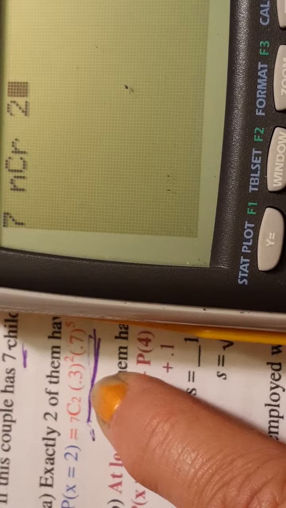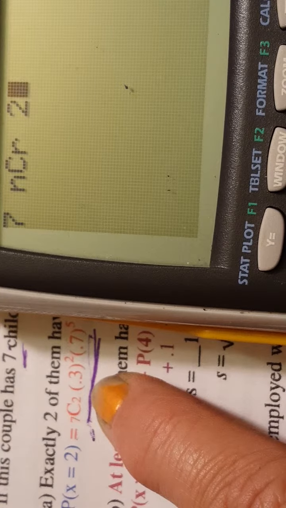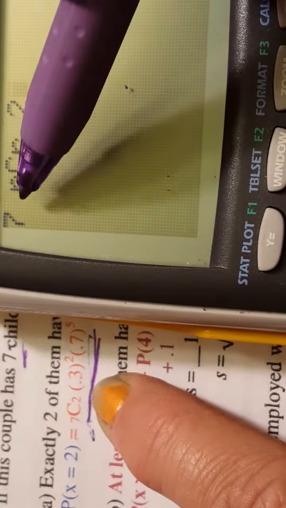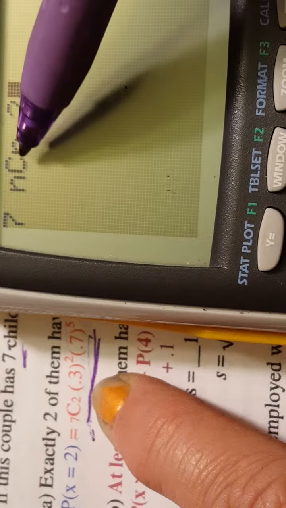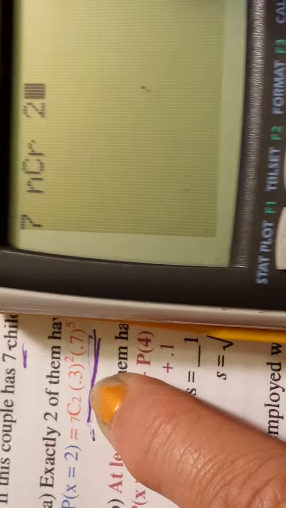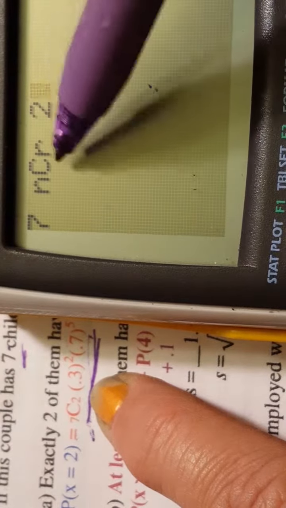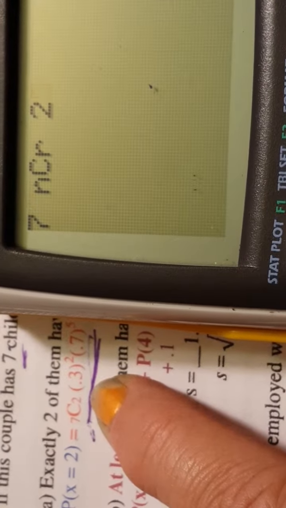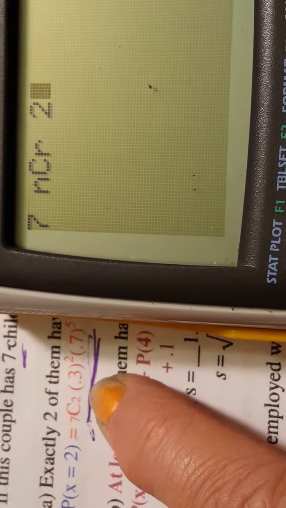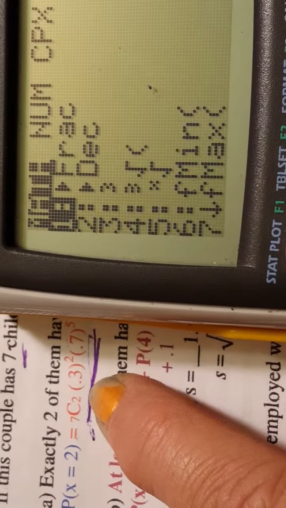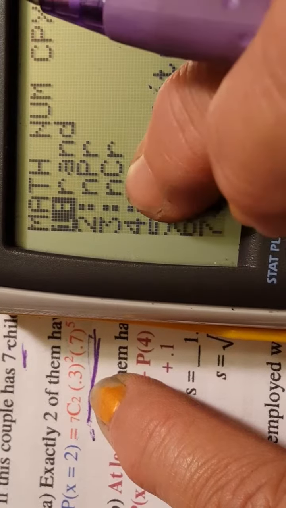Now if you have the newer calculator, it might have little boxes down below the C, and then the 7 would go in the box and the 2 would go in the box. I still think you have to put the 7 in first and then do the math, probability, and number 3.